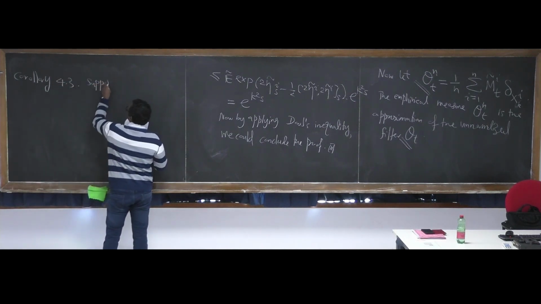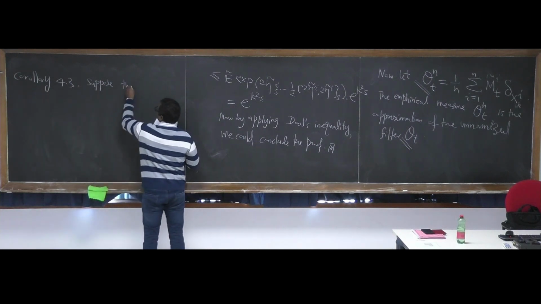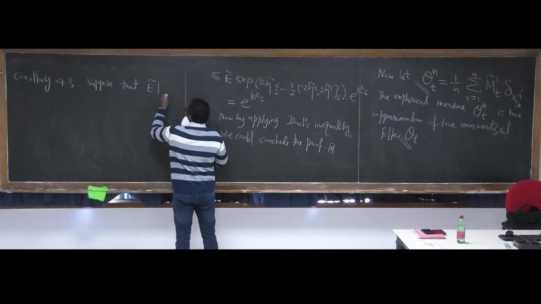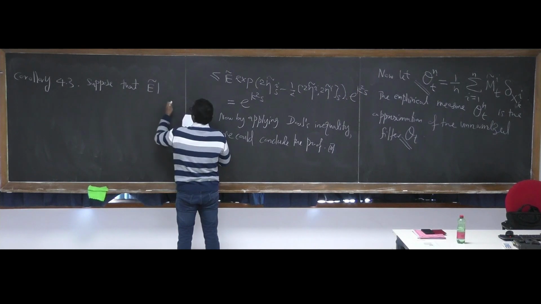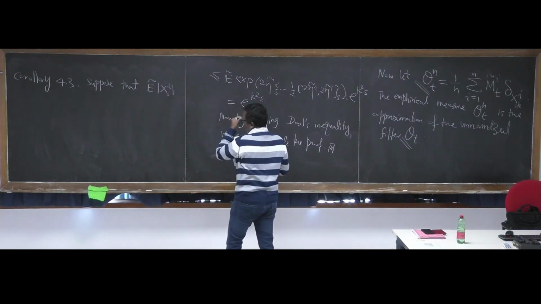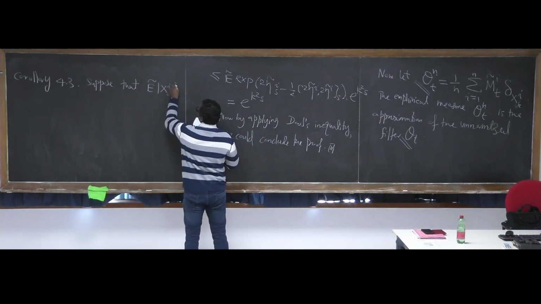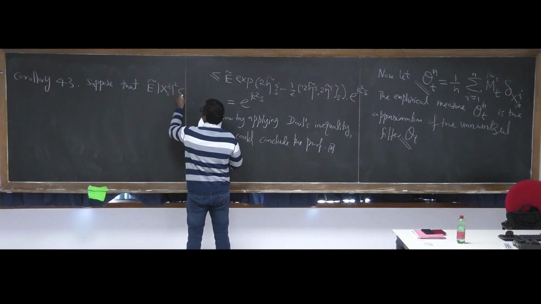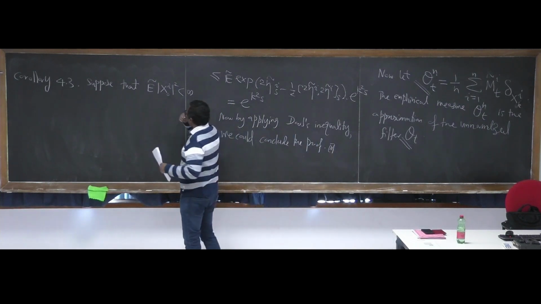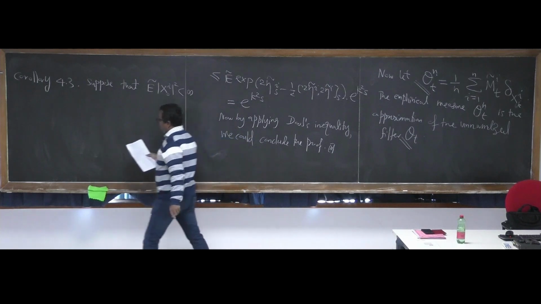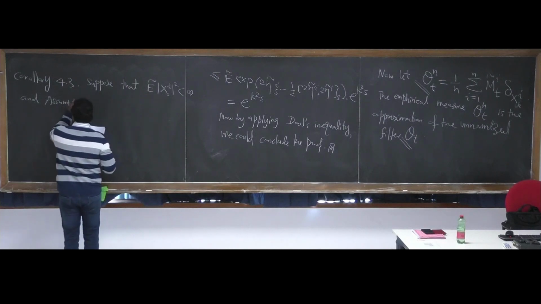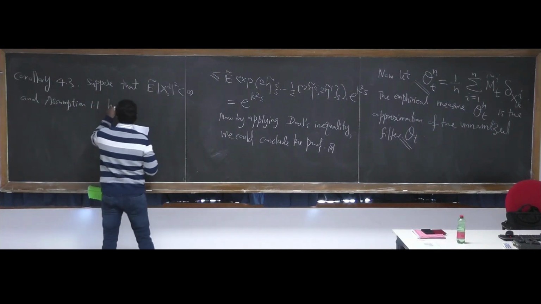Suppose that the expectation of the initial data associated with the signal process is bounded, I mean, it is in L2 with respect to the probability measure P tilde, and, as usual, Assumption 1.1 holds.